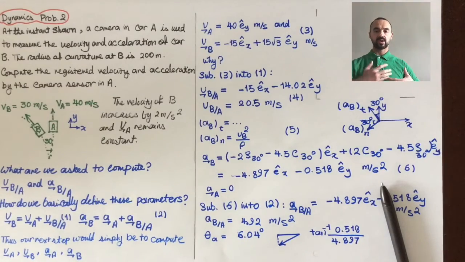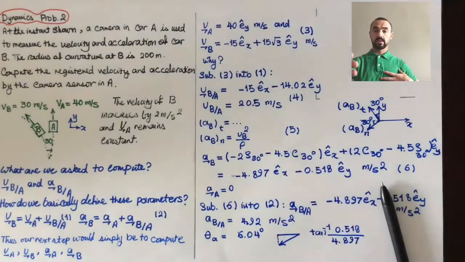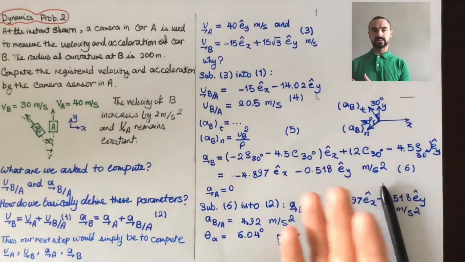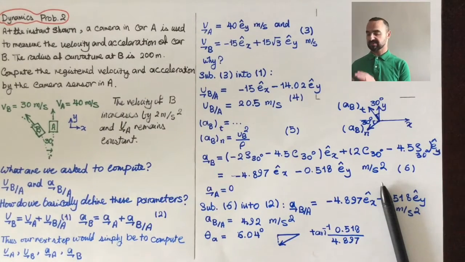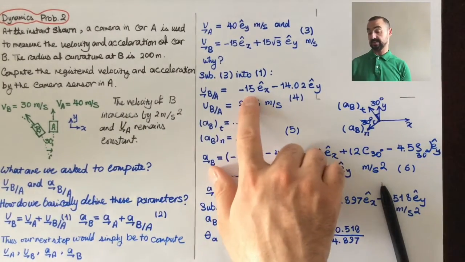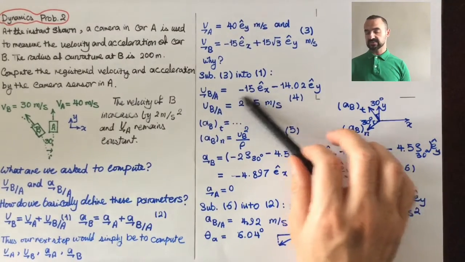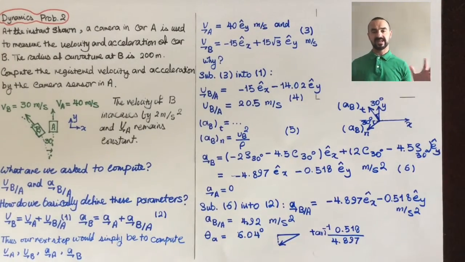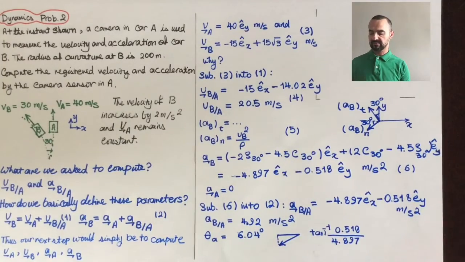I'm going this way, but the car stays back and goes further back, right? So your answer, mathematically and physically, should make sense. And for the magnitude of this vector, we simply square both x and y components, add them together and compute the square root of that. This is pretty straightforward, so you can do it yourself.